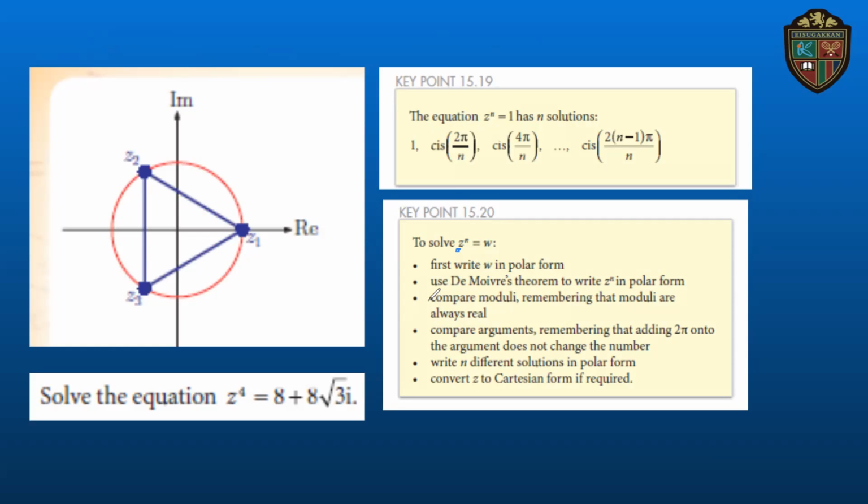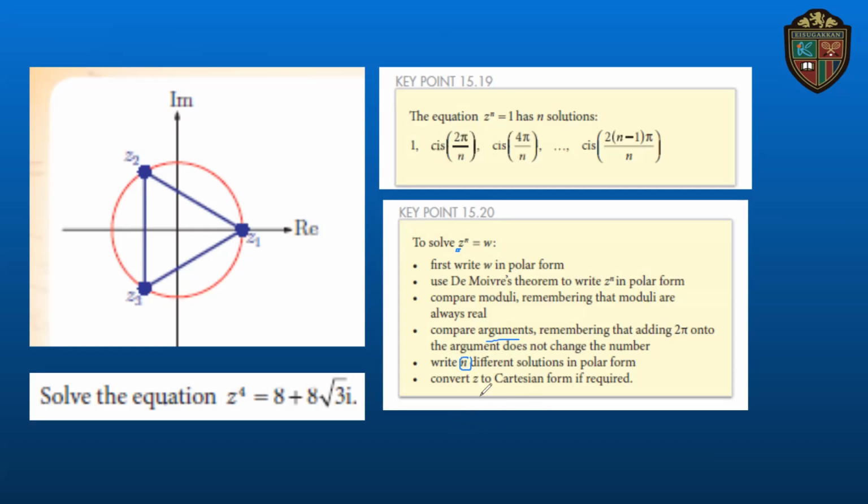Next, you will compare the moduli, remembering that the moduli are always real. Compare the arguments, noting that adding 2 pi to the argument does not change the number. And then lastly, you will write the n different solutions in polar form, like w1, w2, w3. Okay.